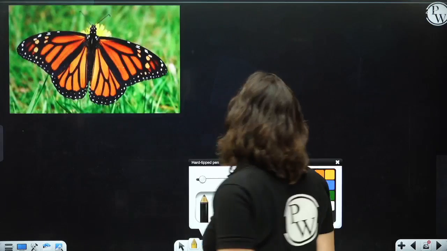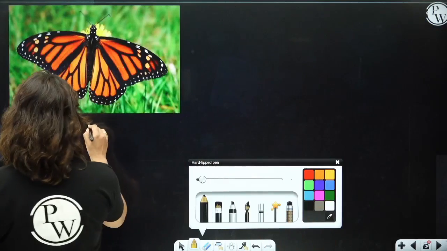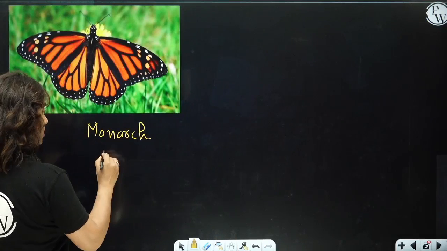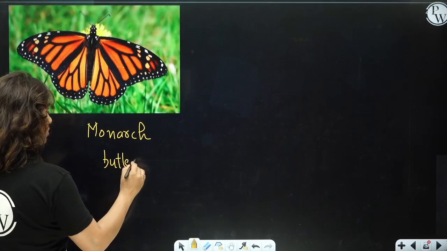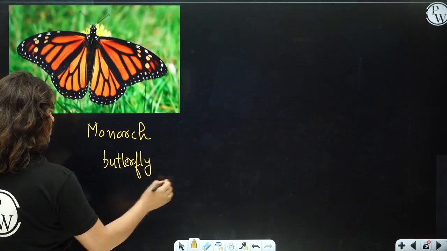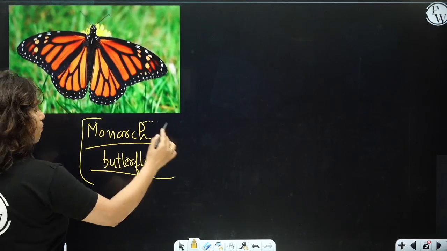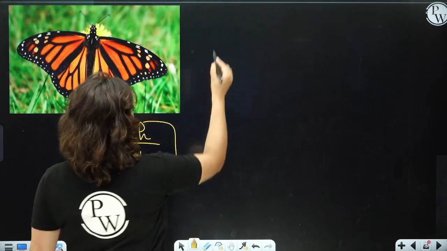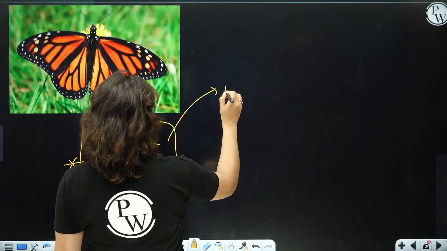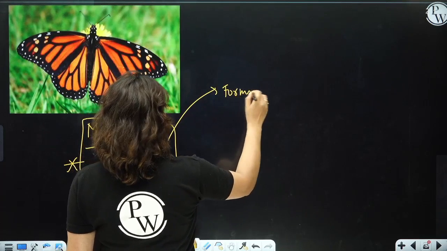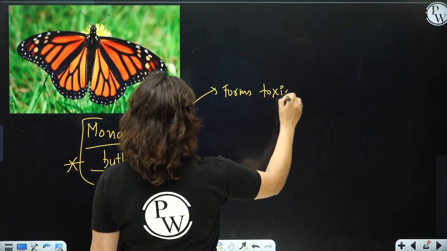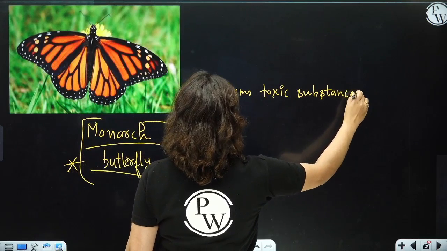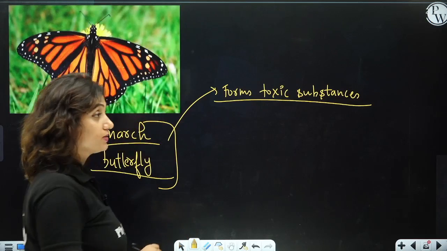Then comes the example of monarch butterfly. The diagram you're seeing here is the diagram of monarch butterfly. This monarch butterfly forms toxic substances, and the natural predator avoids it. How does it form the toxic substances?